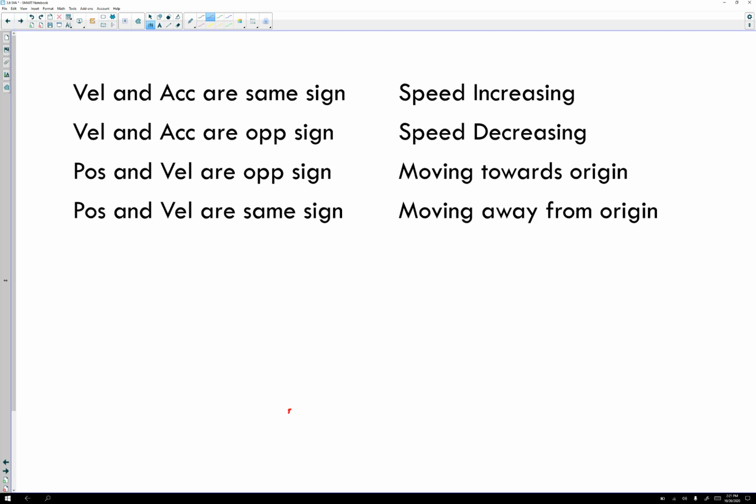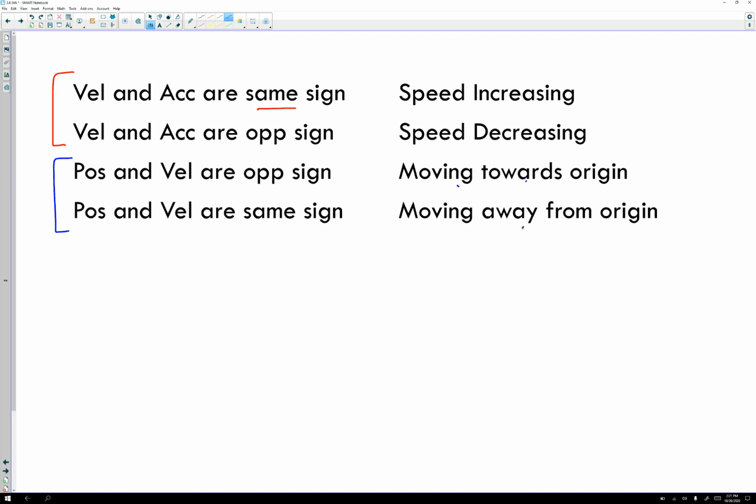When you compare velocity and acceleration, then you're looking at if the speed is increasing or decreasing. Okay, if the velocity and acceleration have the same sign, means they're working together, so the speed is increasing. We compare position and velocity when we're moving towards or away from the origin.